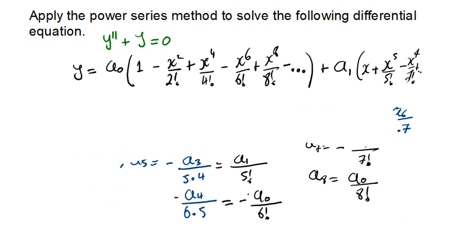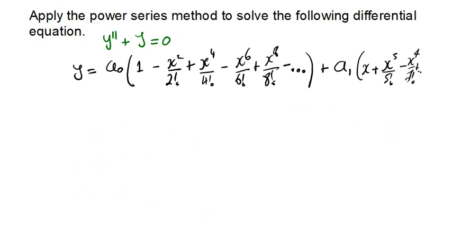Okay, so now let's try to simplify this one. Remember, when we used a trial solution, we ended up with y equals a cos x plus b sine x. If you have tried to find the Maclaurin series for cos, this is what it is.